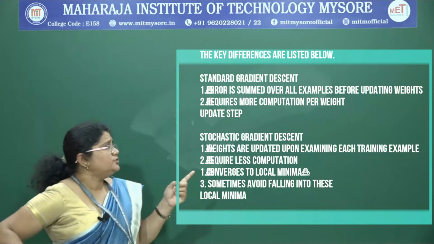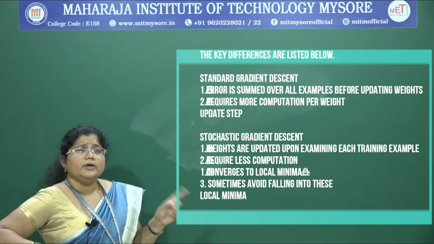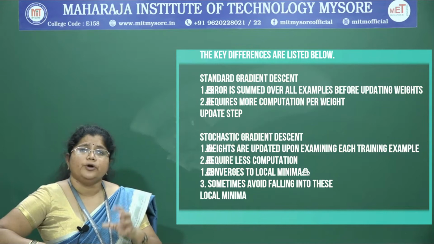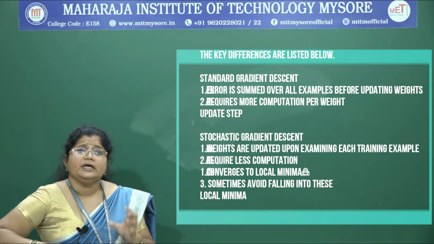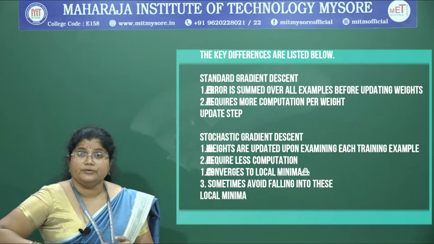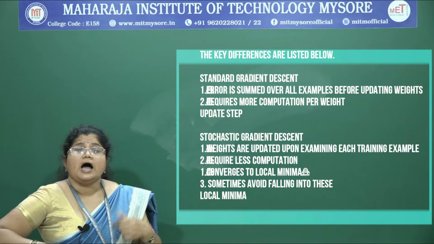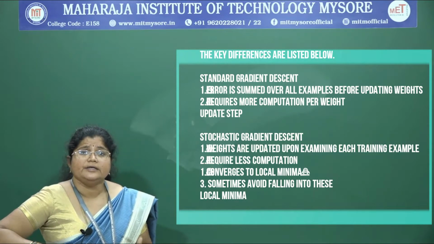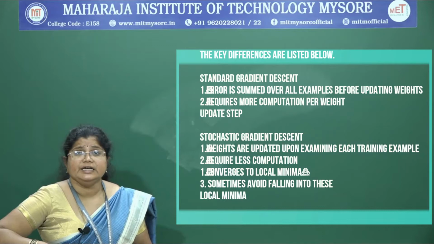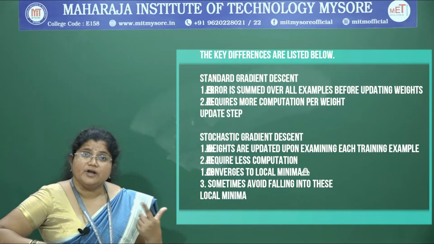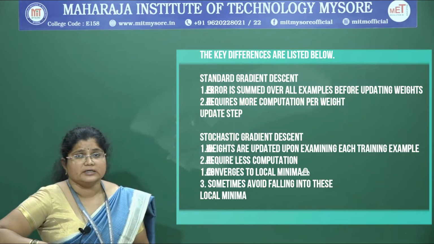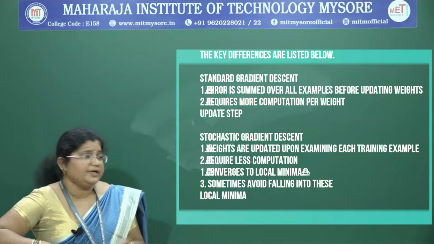But the gradient descent algorithm finds the overall error over all the training examples, and after finding the error, it takes a large step of descent, meaning large variations in the weights occur.